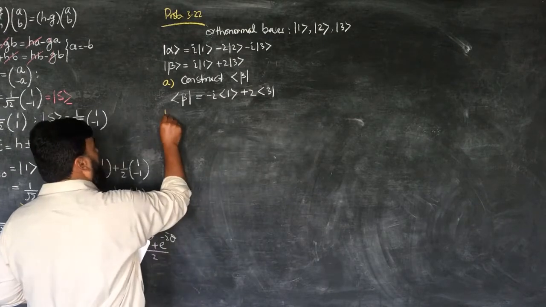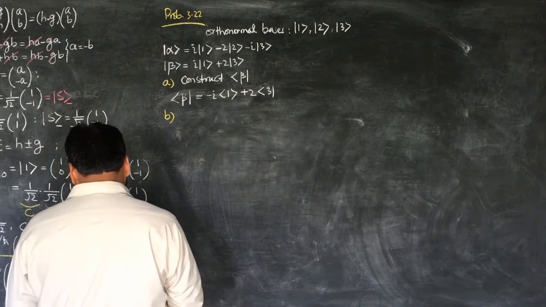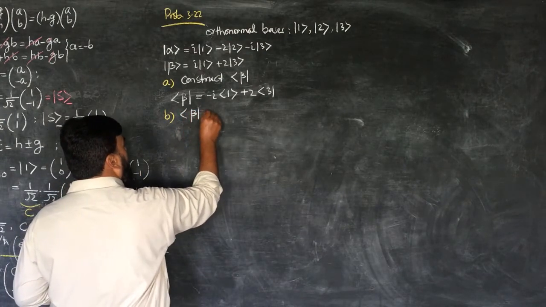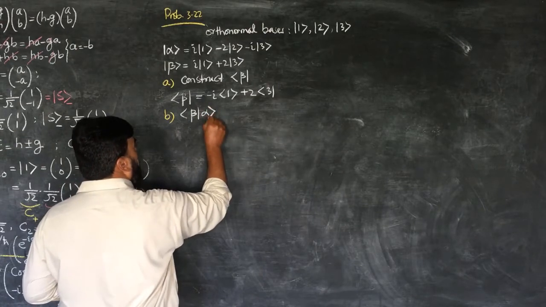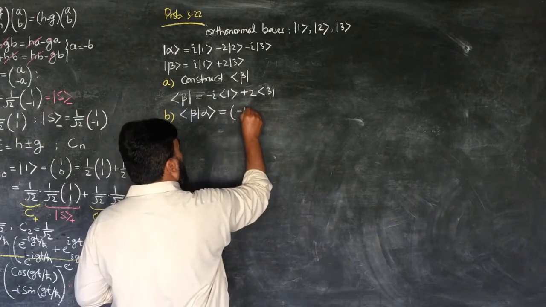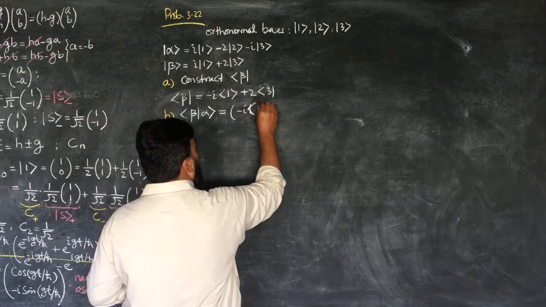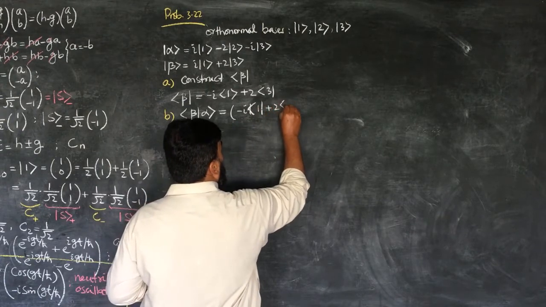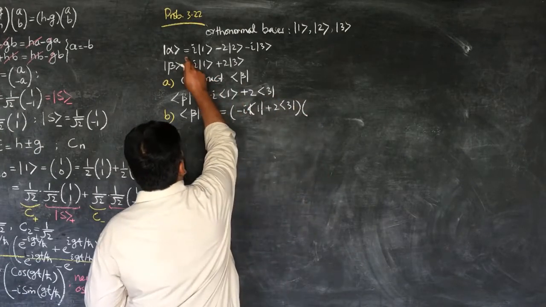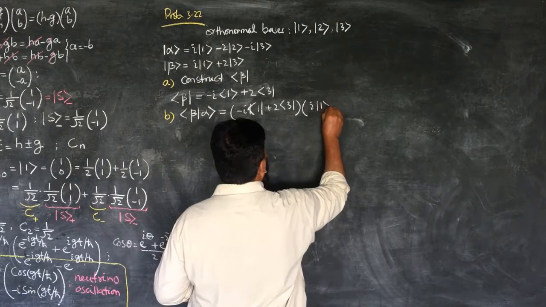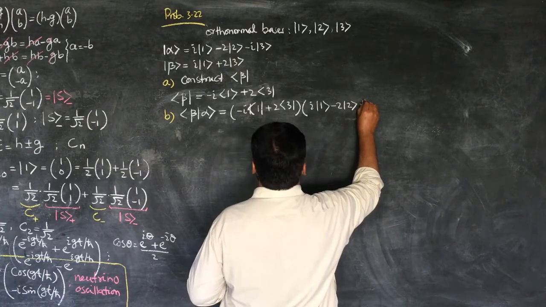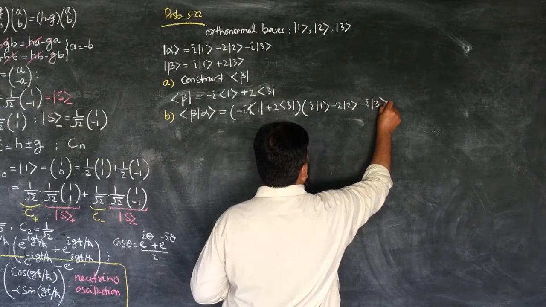Now in part 2, we are asked to find the inner product of beta with alpha. So I will have to write beta, which is minus i<1| plus 2<3|, and alpha from here is i|1> minus 2|2> minus i|3>.